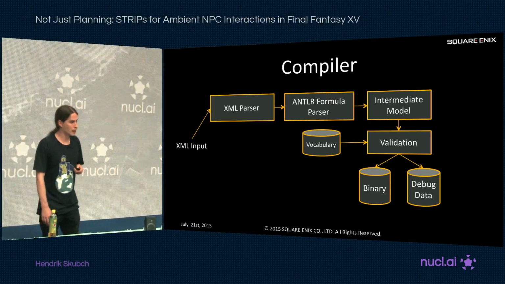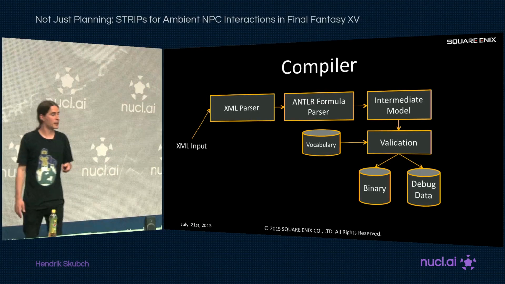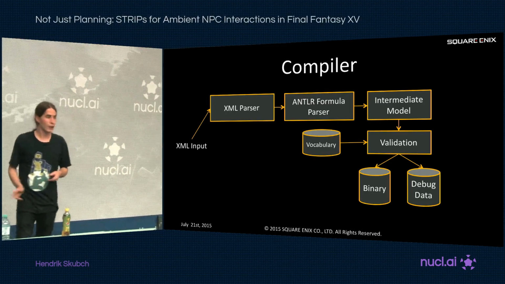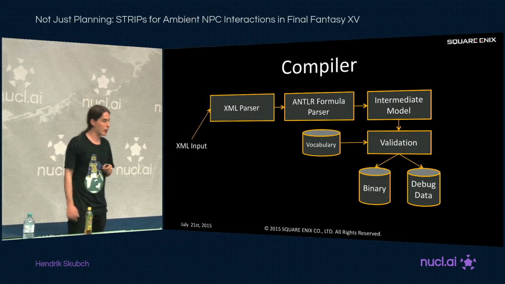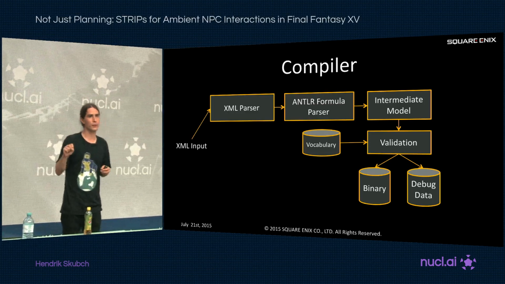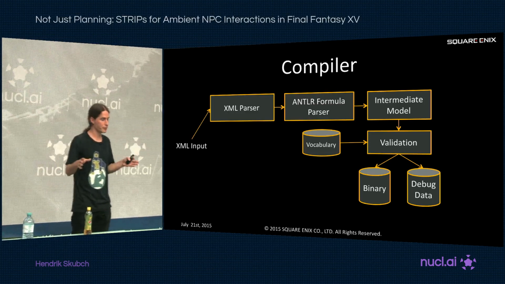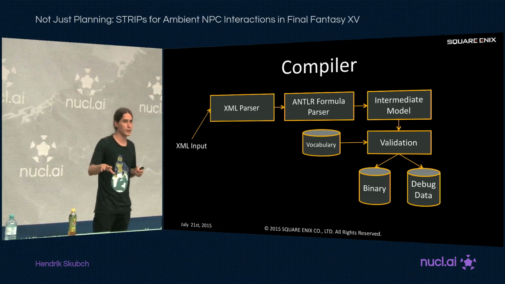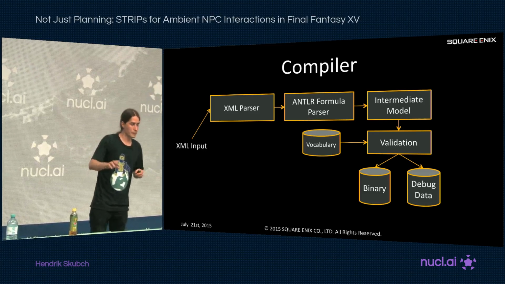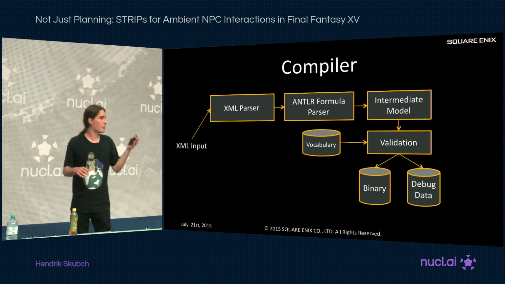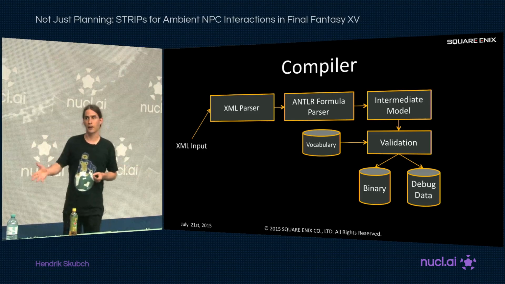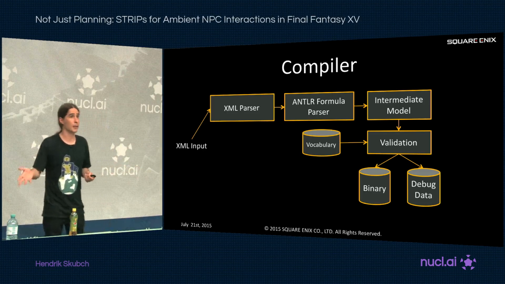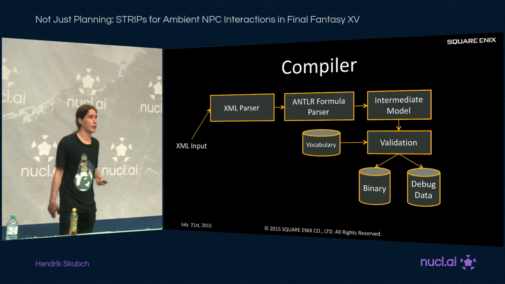Speaking of the compiler, that guy just takes the XML input, parses it, uses a little Nucl.ai formula parser for the more complex terms, builds an intermediate model that we use for validation, and then plops out a binary plus some debug symbol table for populating a debugger.